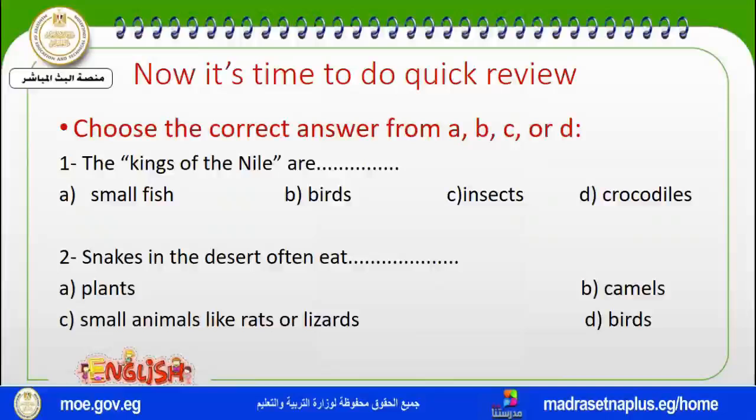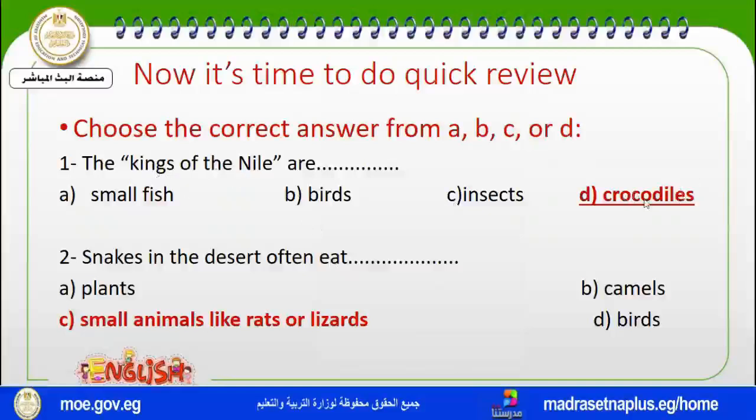Is it the small fish, or the birds, or the insects, or the crocodiles? Stop and think. And here is the answer. The answer is crocodiles. Crocodiles are called the kings of the Nile.